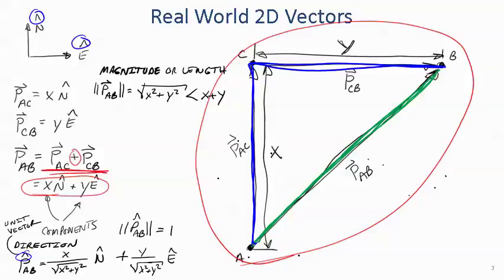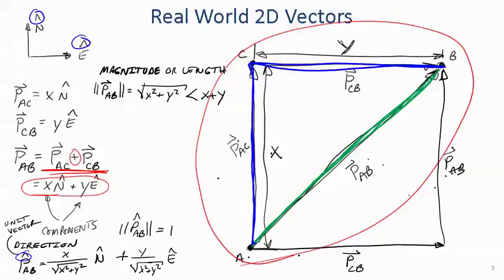So I can switch this around and go from here and go up to there, and I get the same answer. Now you know that in the real world you couldn't walk that. You can't walk this path. So in the real world, this path here doesn't work because there's no streets there. But in the math world, I can switch it around and do that.